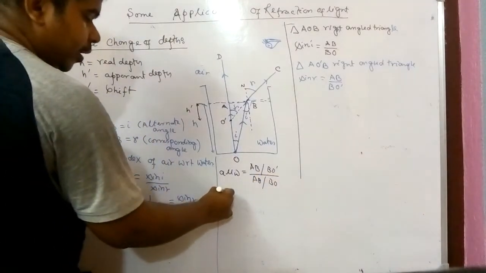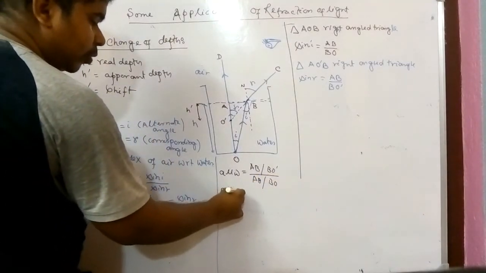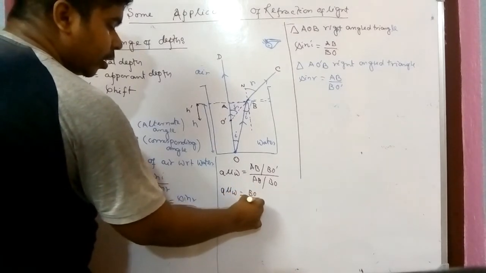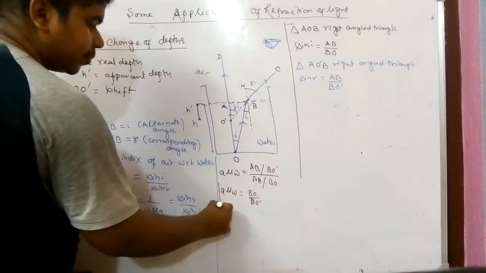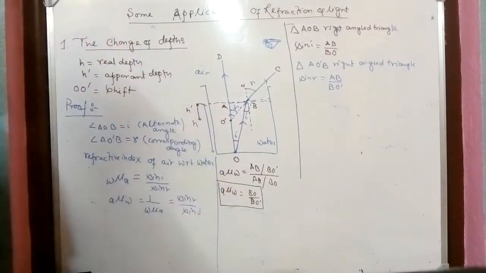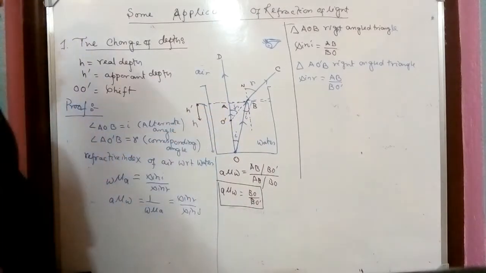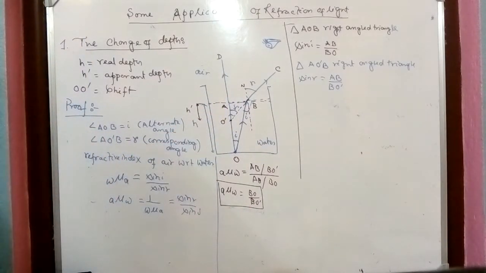So ultimately aμw is equal to BO by BO'. BO by BO'. Now there is a problem.